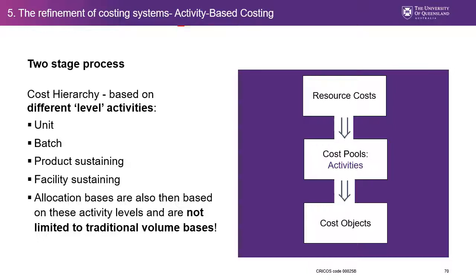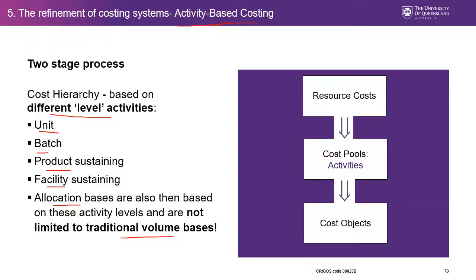In activity-based costing, we recognize different levels of activities: some activities are unit based, some are based on batches of a product, some are product sustaining activities, and some are facility sustaining activities. The allocation bases are also based on these activity levels and not on traditional volume bases.